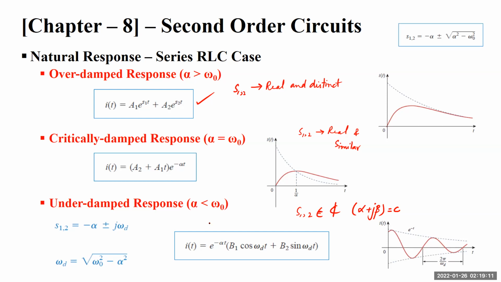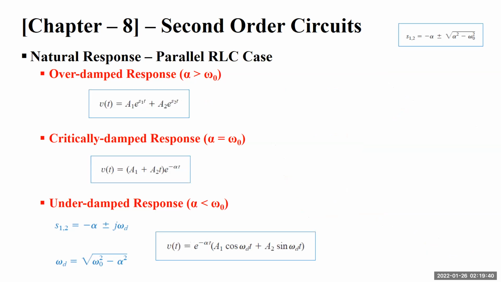So this is how the roots for an underdamped system will look, and our response A1 e raised to power s1 t will change to something like this: A e raised to power minus alpha t, where minus alpha is the damping constant, times B1 cos of omega d t, and omega d is the damped natural frequency of our circuit in this case.